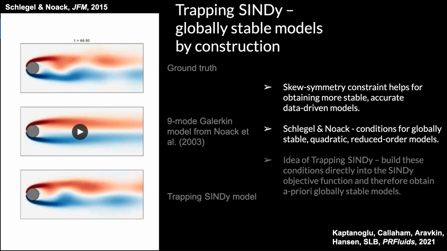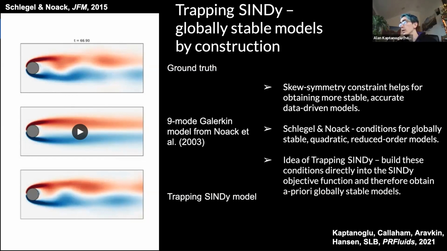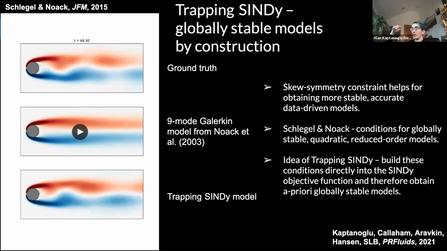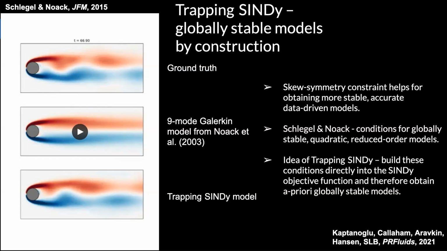And so we just built that directly into the objective function, solve some new non-convex optimization problem, and then for these 2D flows, we can build globally stable models that are provably stable for any new initial condition. So if you have some nice fluid flow over the cylinder, and you suddenly hit it with a delta perturbation or some crazy initial condition, it will still give you sensible results, and it won't just blow up or do something weird.